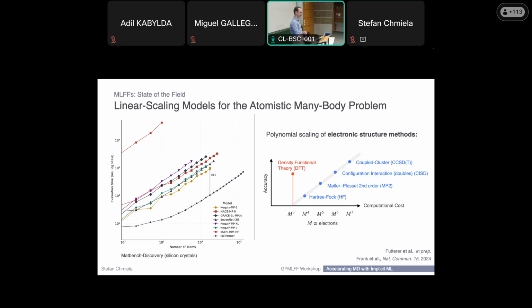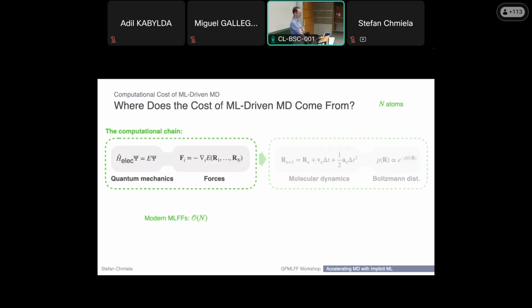But I want to look at MD, or at the prediction of forces, in a much broader context now, because I think we're at an interesting crossing point. The prediction of forces is not the final goal. The final goal is to use it in this pipeline where it's used in MD, and then to eventually sample from the Boltzmann distribution.